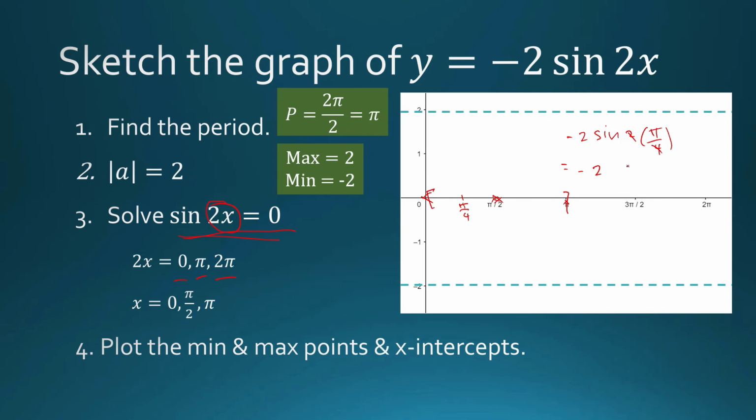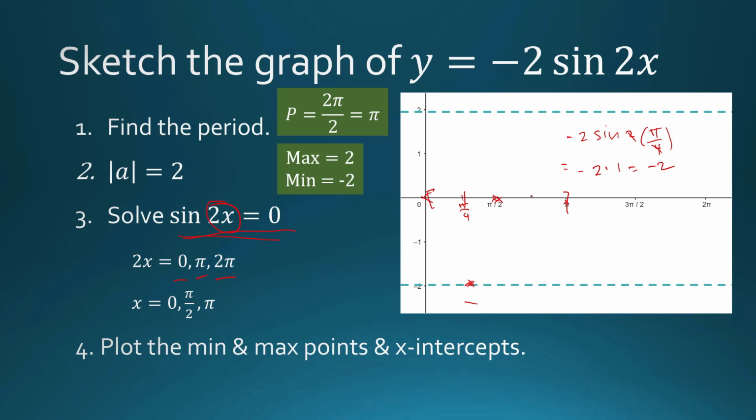Sine of pi over 2 is 1 times negative 2 is negative 2. So here, when x is pi over 4, the value of your function is negative 2. So this one is going to be the minimum value of your function.